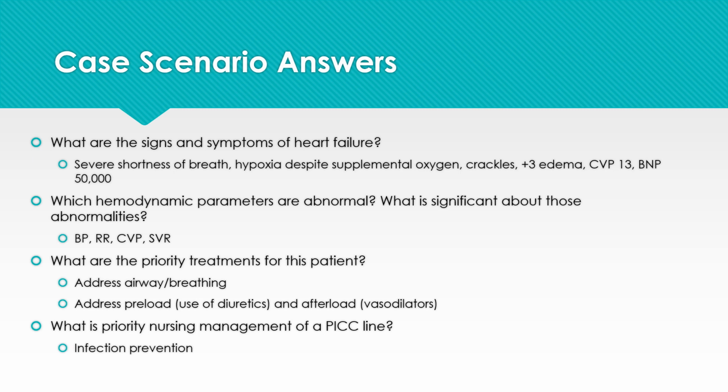Again, if there's too much volume, we need to empty the tank, and we empty the tank using diuretics. And the afterload is too high. So again, if we are too constricted, we need to dilate. So we would use a medication, vasodilators. In this case, I'm guessing something like nitroglycerin or nitroprusside would be used.